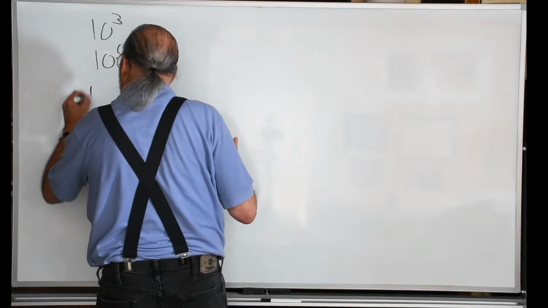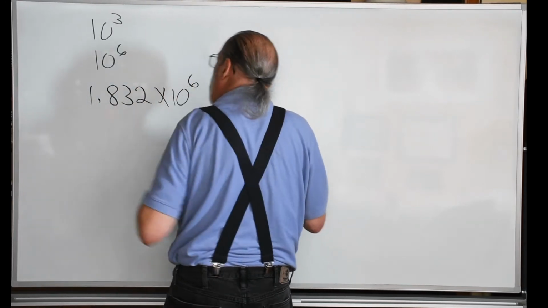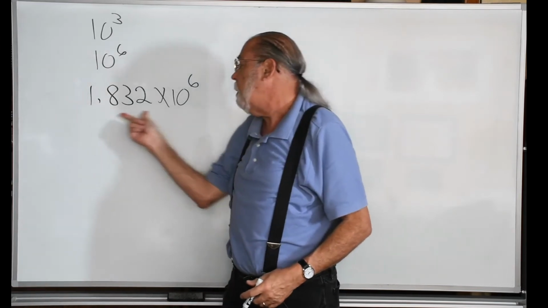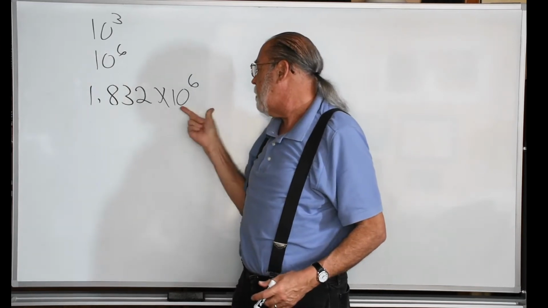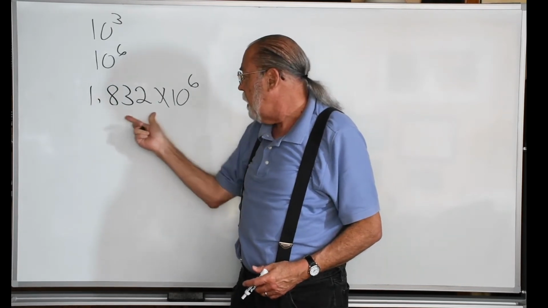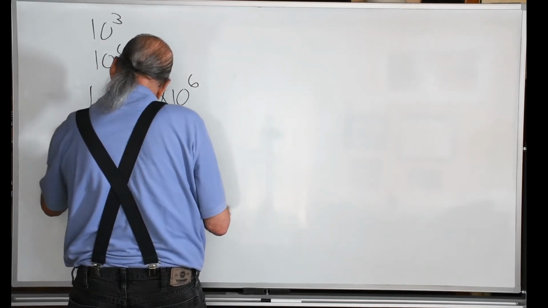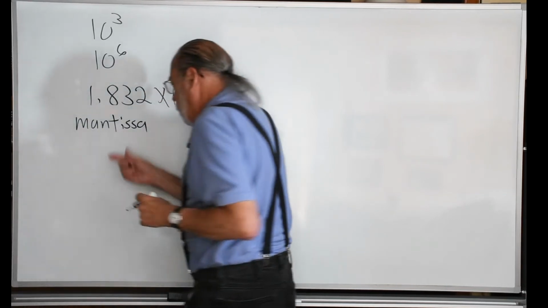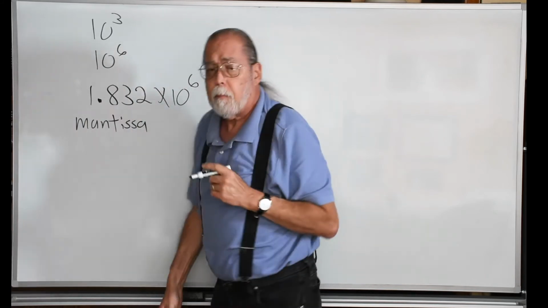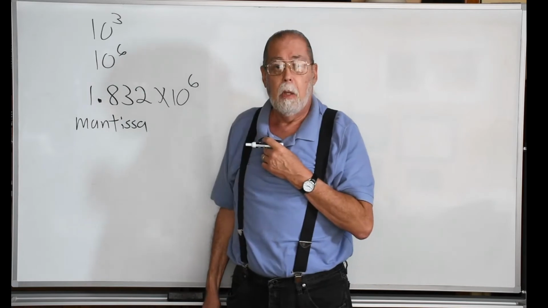So a number such as 1.832 times 10 to the 6th is in standard form. This can be any number you want, and this can be any power of 10 that you want. But in standard form, where the number here, which is known as the mantissa, is written between 1 and 10, we can draw some conclusions about the final number.